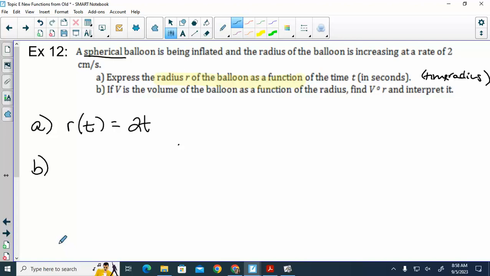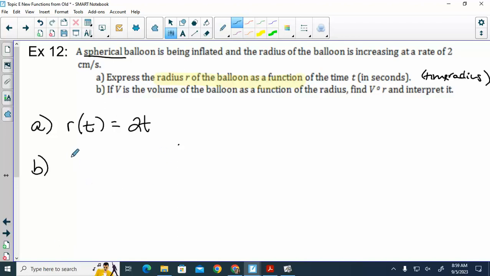Just as a side note, your textbooks have a lot of formulas in the back. There are these heavier pages, and so you can look up sphere, volume is 4/3 pi r cubed. That would be a formula on a test or quiz I would give you, but in class on homework, you have this available to you.